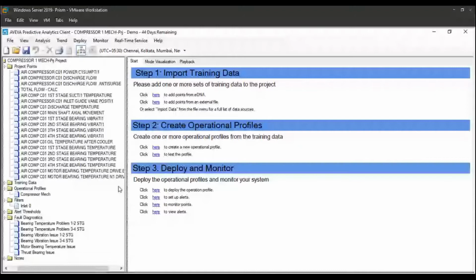And I have taken some process variables to indicate what the current running state of the compressor is. So like I alluded to when I was explaining what an operational profile is, all of these project points taken together are able to indicate what the mechanical health of my air compressor is.